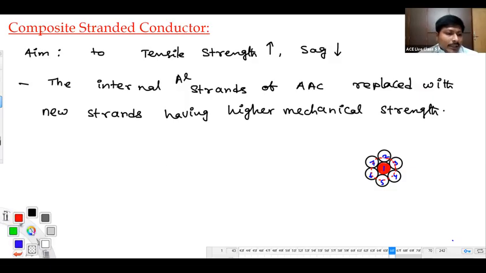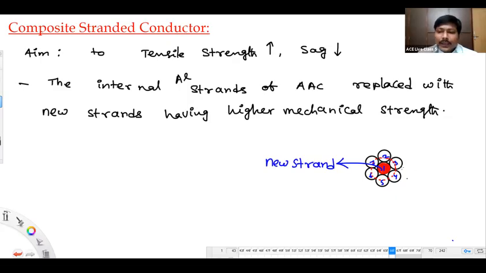Okay, so whatever the number 1 we have here, this number 1 is a new strand we are naming, and the outer ones whatever we have, these are of aluminum.